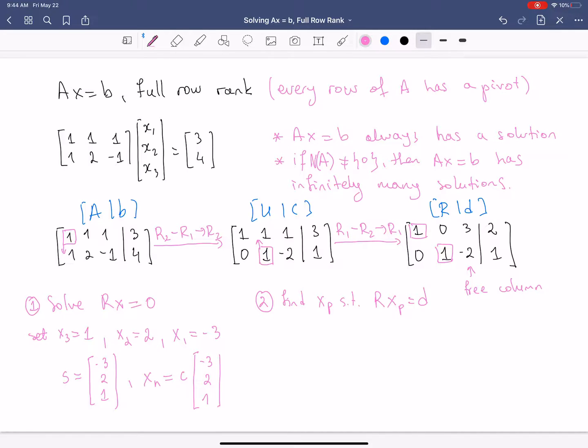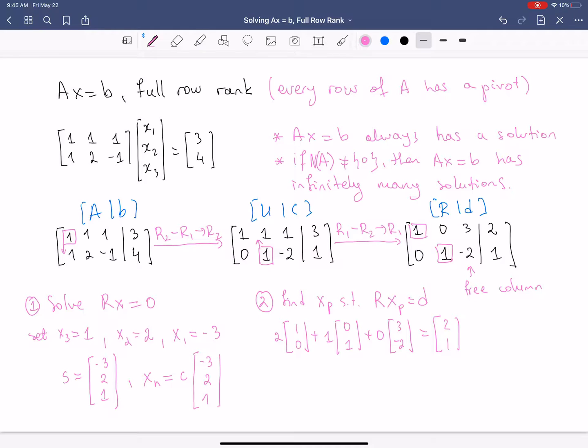That means that x3 is going to be 0 because I just don't want to consider the free column. And how I can express 2, 1 as a combination of the first two columns? Well, it's just 2 times the first column plus 1 times the second column. So we have 2 times 1, 0 plus 1 times 0, 1 plus 0 times 3, negative 2 equals 2, 1.